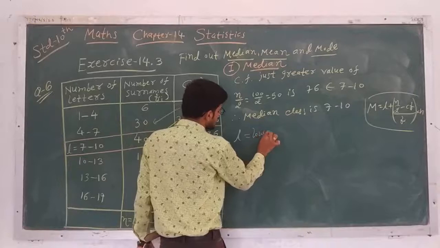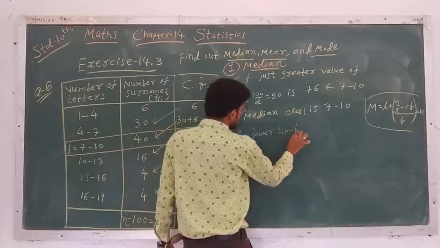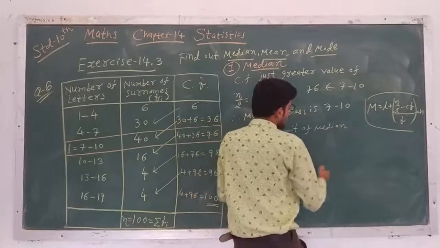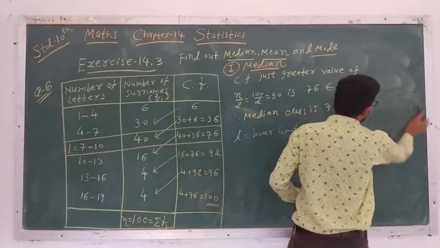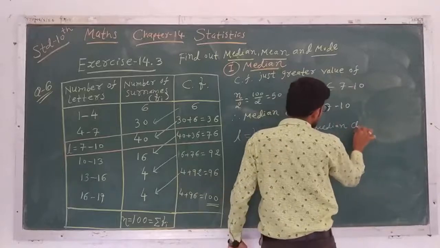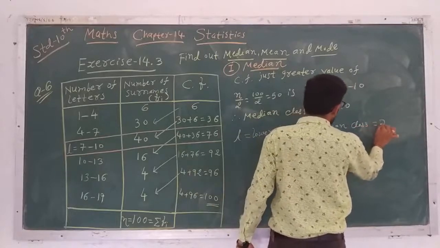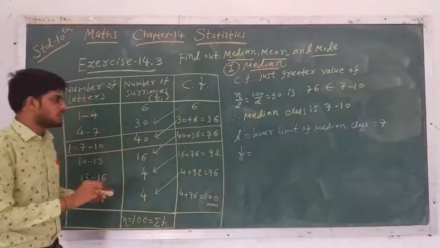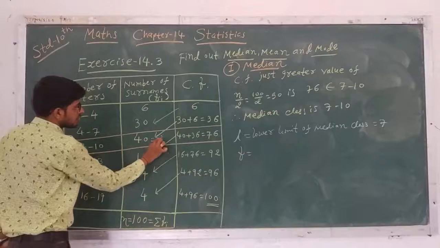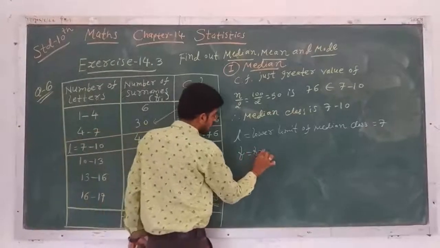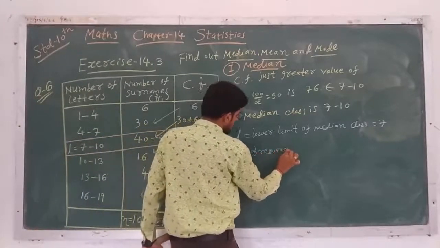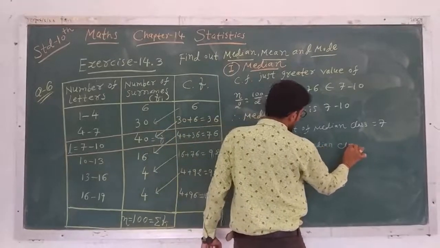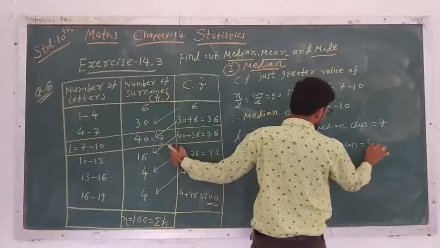Lower limit of the median class is equal to 7. Next, f, the frequency of the median class. So f is equal to 40. Frequency of the median class is equal to 40.